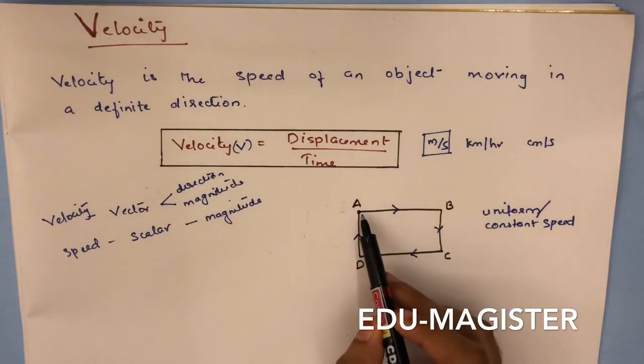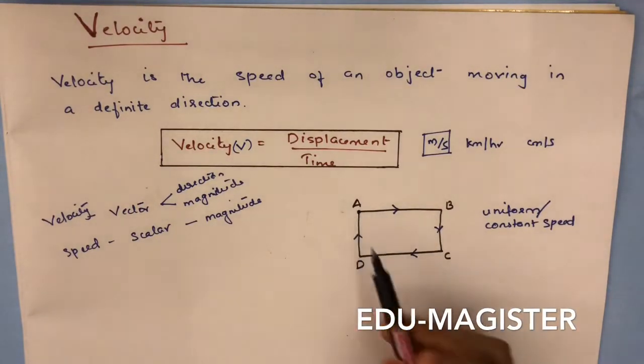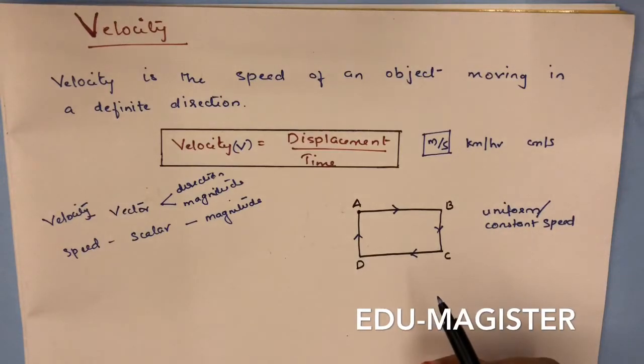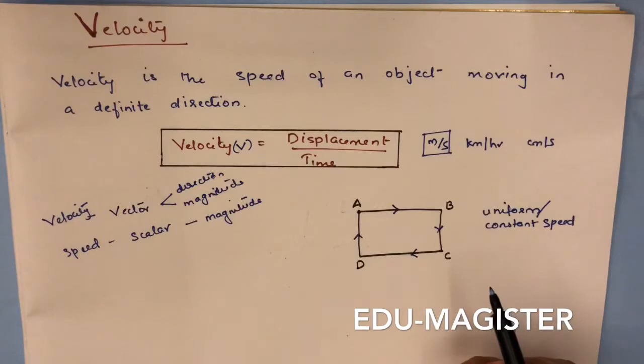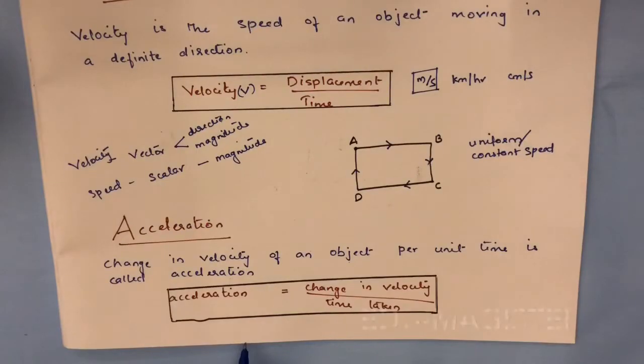That is, one at this point, second point, third point and fourth point, without changing its speed. So this is the major difference between velocity and speed. Now there is one more important physical quantity that we need to discuss in this chapter: acceleration.